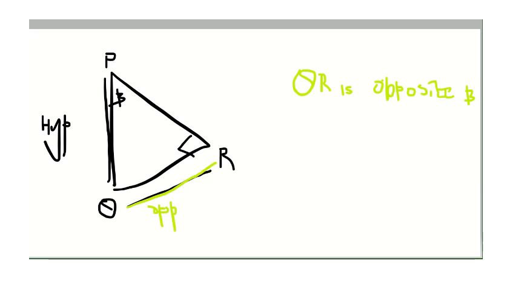How about PR? Correct. You guys are correct. PR is adjacent because it is next to. It is the adjacent side. So for the sake of making others understand, I can see that most of you understand already, but I'm going to make a last example.